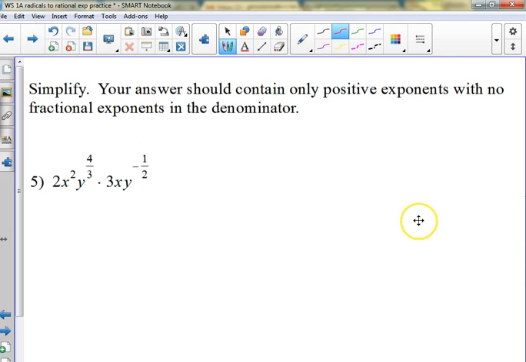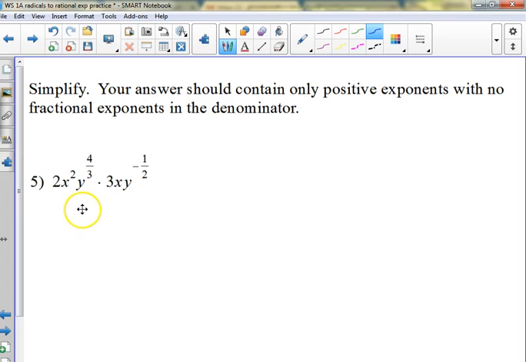Okay, now we're just going to use exponent powers. And it says you've only positive exponents in our answer with no fractional exponents in the denominator. We're going to have to do a little rationalizing when we're done. Okay, what happens first? What do you want to do first?